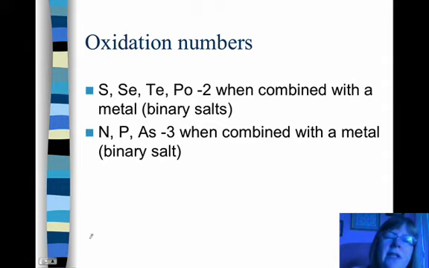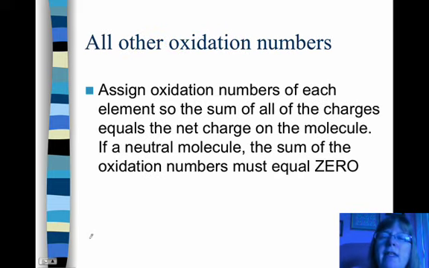And then the nitrogen, the phosphorus, the arsenic, when combined with a metal, will have that -3 charge. All right. So all the other oxidation numbers we're going to have to determine by summing up all the oxidation numbers to equal the charge on the molecule. If no charge is indicated, then the sum of the oxidation numbers will be 0.